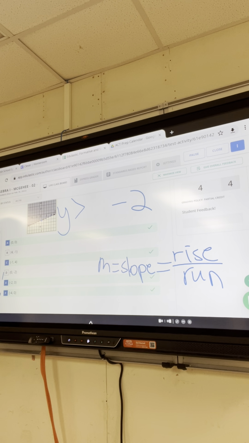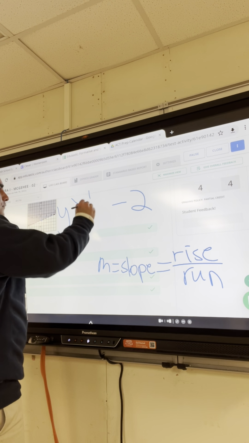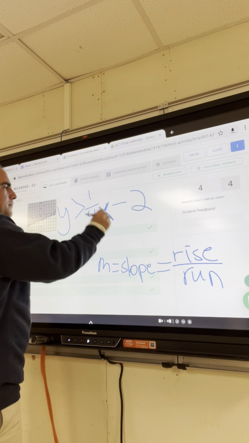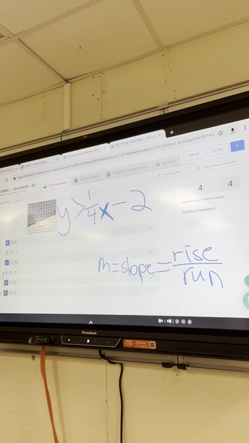Our y-intercept is negative 2. If we're rising 1 and running 4, what's our slope? 1/4, 1 over 4. So we write it like this: y is greater than 1/4 x minus 2. And this graph represents y is greater than 1/4 x minus 2.